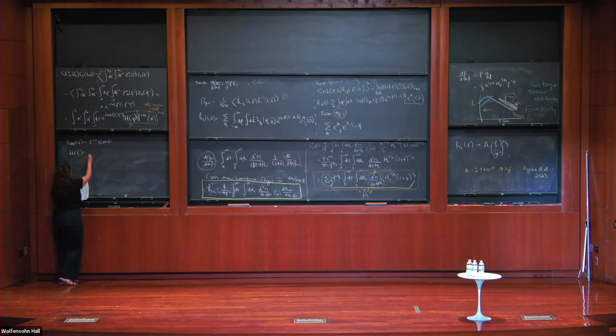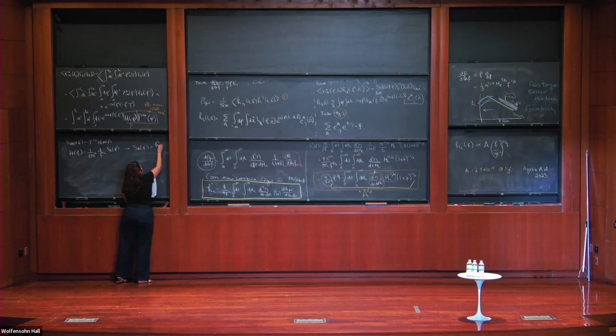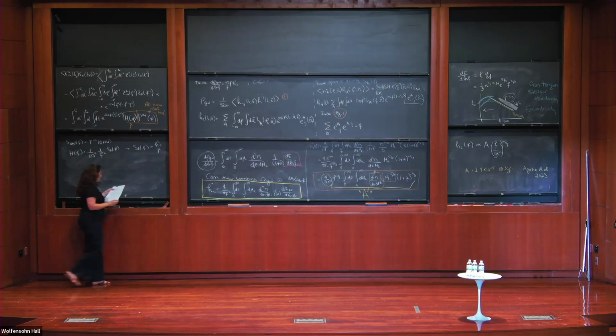we can now write down as 1 over 12 pi squared, 1 over f squared times Sh of f. And using the definition of the characteristic strain, we know that Sh of f is equal to hc squared over f.